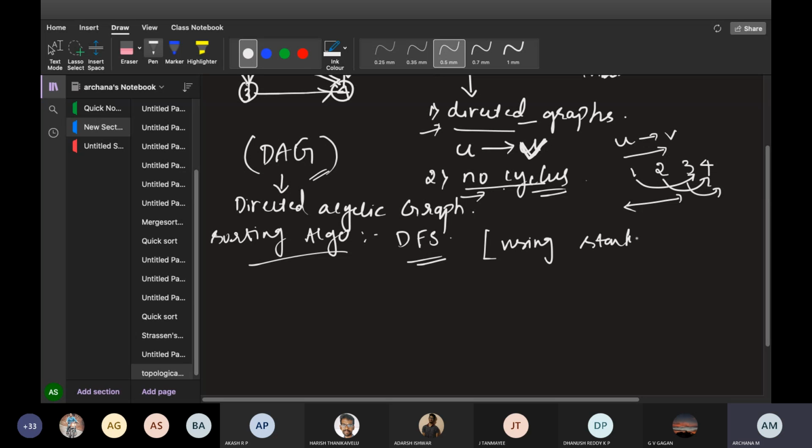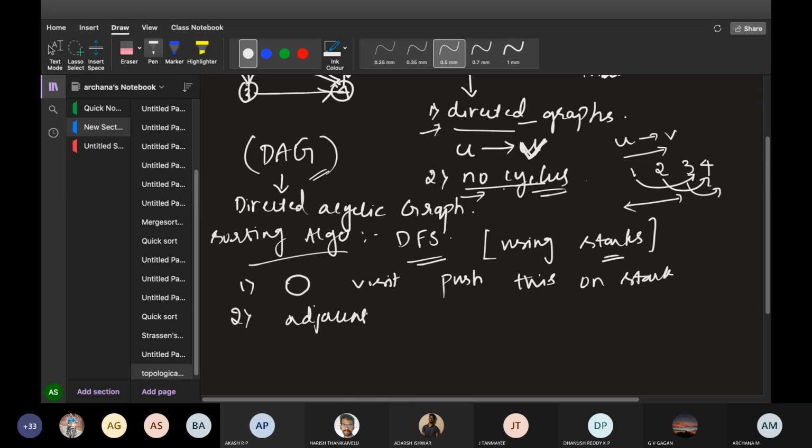Okay, you already know this. I have taught this in your data structures. First thing is, whenever we visit a node, we push it onto the stack, right? Next is a very, very important thing. After visiting the node, we have to see the adjacent nodes of that source node.